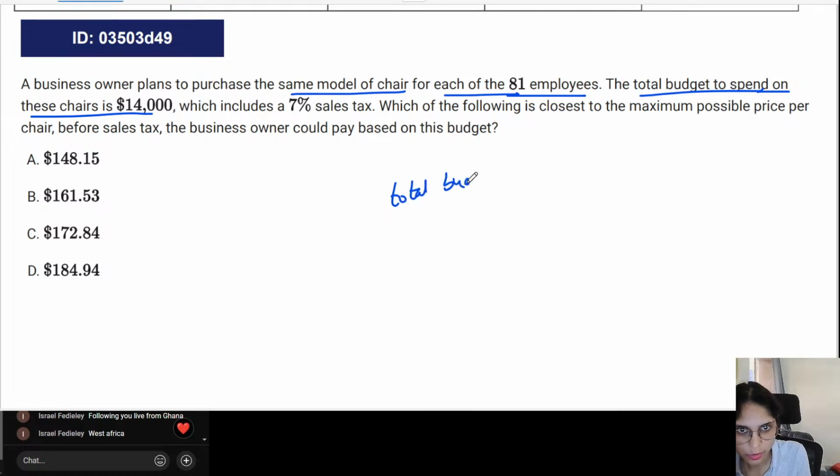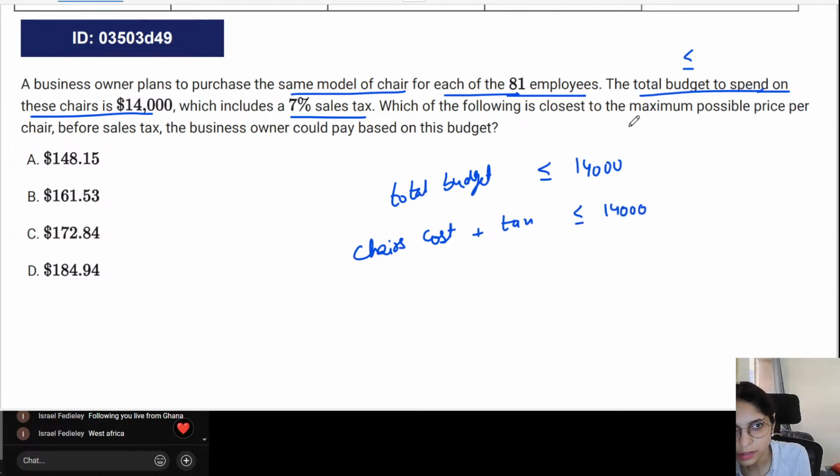So whenever we're talking about budget, it has to be less than or equal to, which includes a 7% sales tax. So this is chairs cost plus tax.